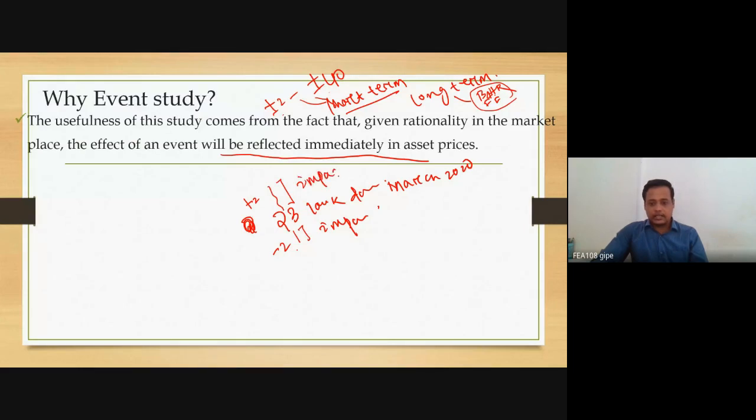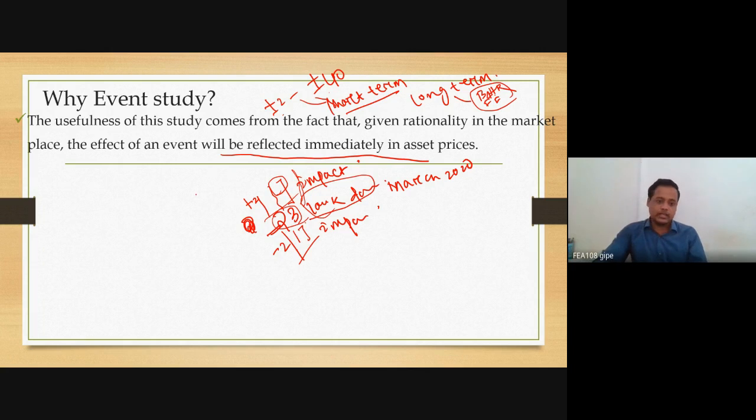Now we are segregating the event into before impact and after impact. Then we will come out with whether this event has impacted something differently from how it was before. So before, the behavior was different and after, the behavior was different. So this event has caused the stock price behavior to change in the next 2 days.